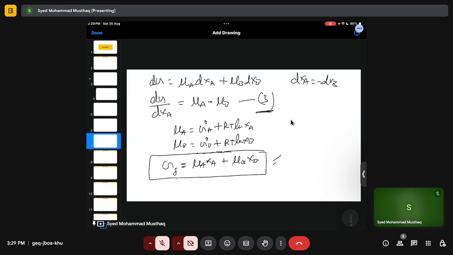This is our main relation, which tells me how the final energy will change with respect to chemical potentials. And there is another term that sir forgot to tell: the Gibbs-Duhem equation.